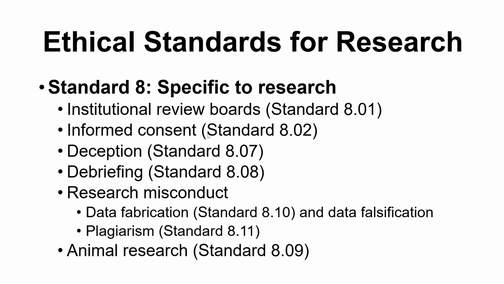We need informed consent. If we need to deceive our participants, if we can't give them all the information when we get informed consent, if we have to lie or not tell the whole truth, then we need some neutral third party's approval that withholding that information doesn't have the potential to cause harm.